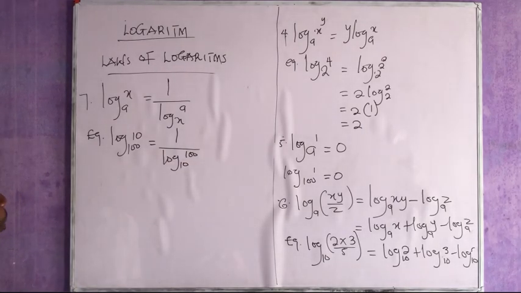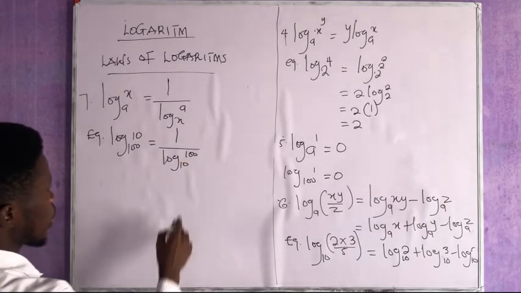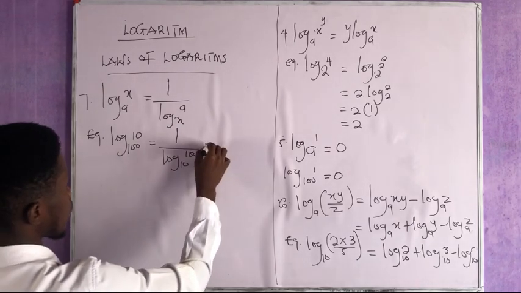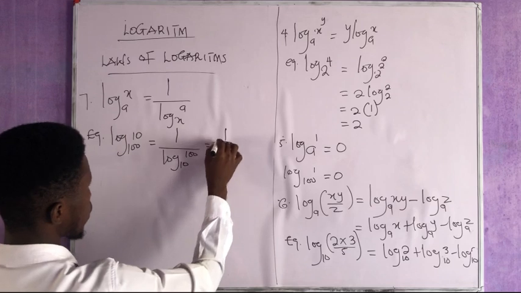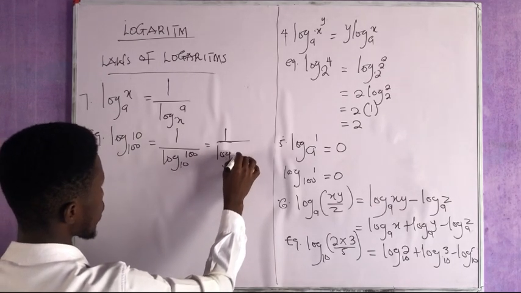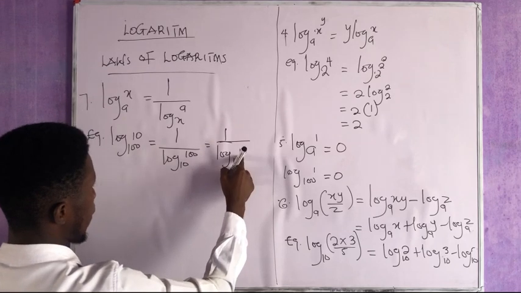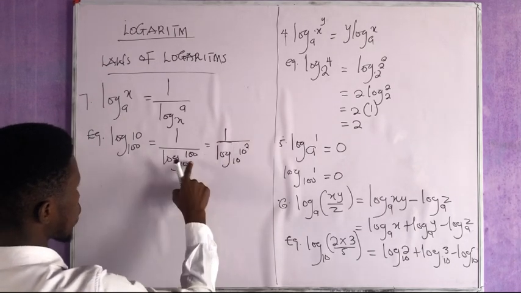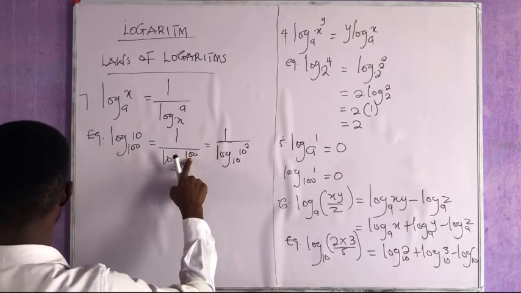Is that okay? Alright. This one we can apply the laws that we have already learned. So I can write this one as 1 over log 10 power 2 base 10. So 10 squared is 100.